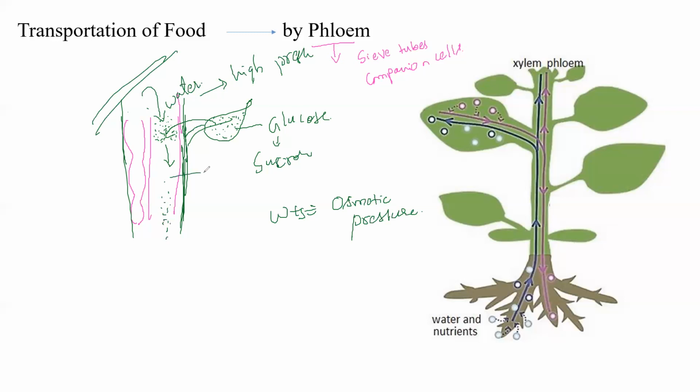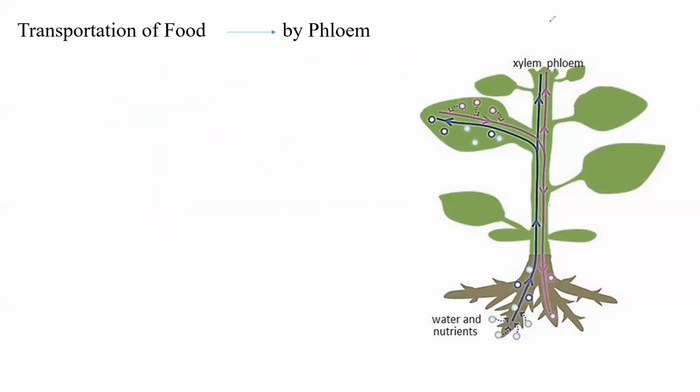Here also it is an active transport, because they are utilizing energy in the form of ATP. That's why it is active transportation. This is the way food is transported. Due to the pressure variation, food is transported through the sieve tubes and companion cells. Clear? Very good.